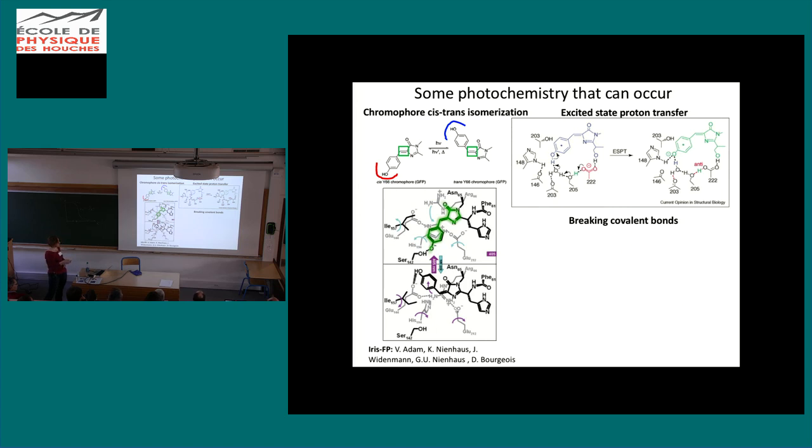And what can happen here is that in the excited state, you get a rearrangement of these hydrogen bonds that leads to excited state proton transfer. So what had been a protonated chromophore is now deprotonated, and that of course shifts the excitation from 405 to 488 in the case of GFP.